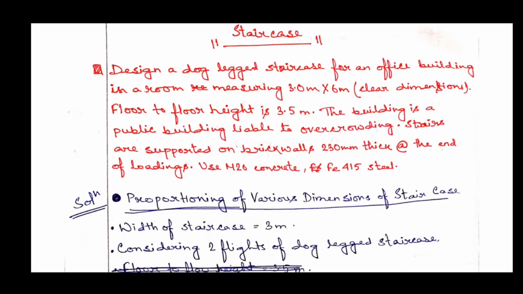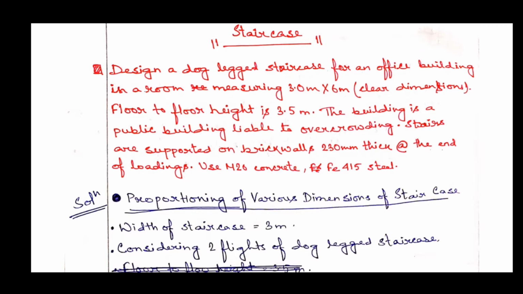This is the clear dimension. Floor to floor height is 3.5 meter. The building is a public building liable to overcrowding. Stairs are supported on brick walls 230 mm thick at the ends of the landings. Use M20 concrete and Fe 415 steel.